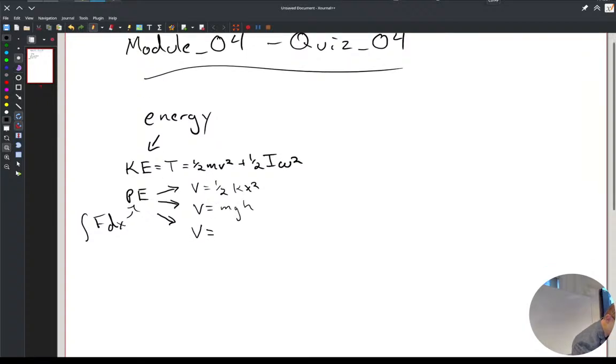Could have anything where the force only depends on like position. So springs, gravity, even electrostatic and magnetic is all potential energy things, because if you're in a different part of the magnetic field and you move to some other part, the force that was acting on you is always just a function of your position. Yeah, all sorts of stuff.